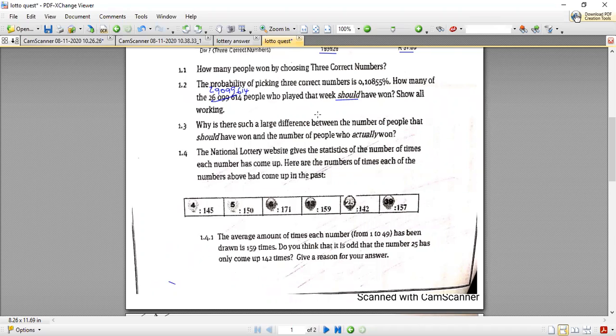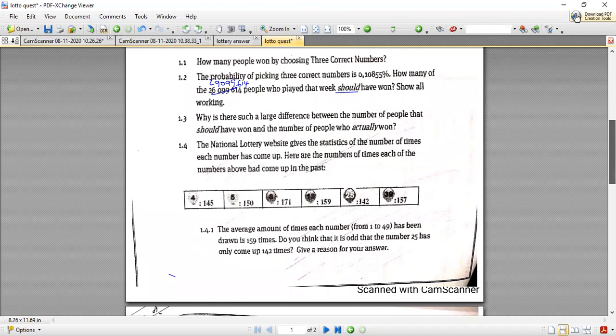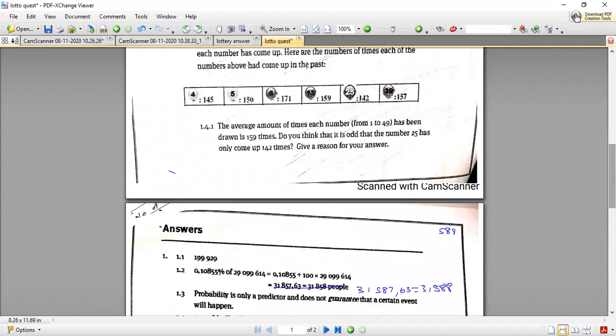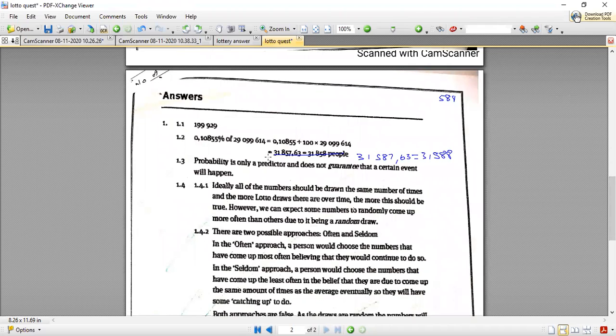So we want to predict how many of the 29 million and 99,614 people should have won. So we calculate our percentage of the 29 million and 99,614. There's also an error in the memo here. You can see I've corrected that.